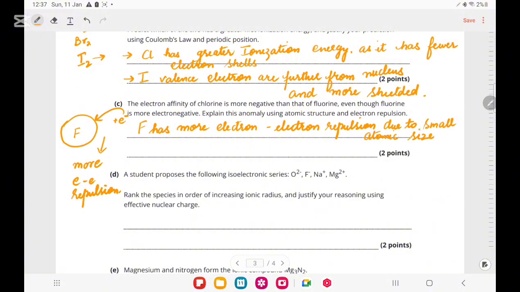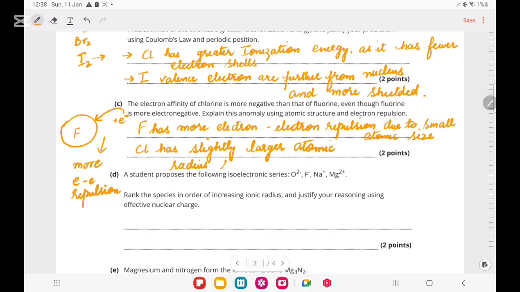And chlorine has a slightly larger atomic radius. Why does it have a slightly larger atomic radius?